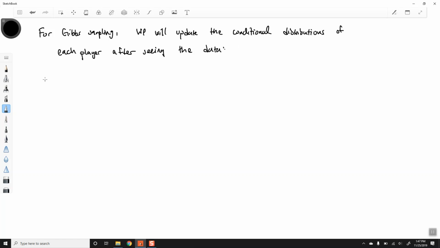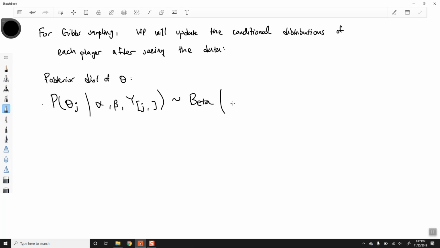All right, so we're going to say the posterior distribution of theta, for each player, theta sub j, will depend on the prior distributions of alpha and beta, and the data that showed up in the jth row of our data matrix. This comes from the beta distribution of alpha plus k sub j and beta plus n sub j minus k sub j, right?